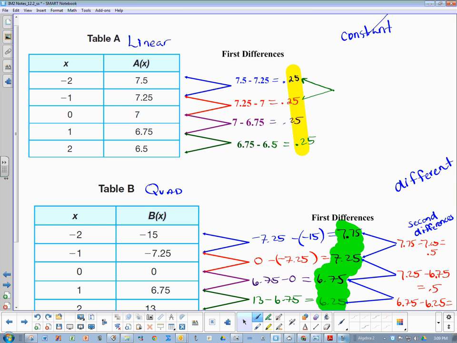What is 0.25 minus 0.25? Well, that's just 0. Once again, 0.25 minus 0.25, that happens to be 0. And finally, 0.25 minus 0.25 is equal to 0.